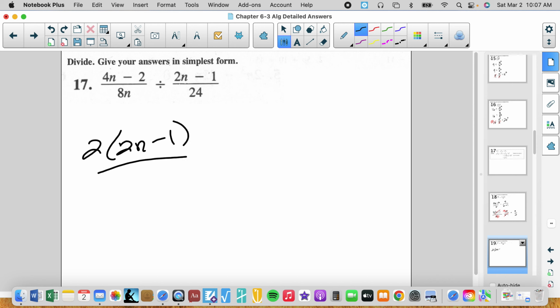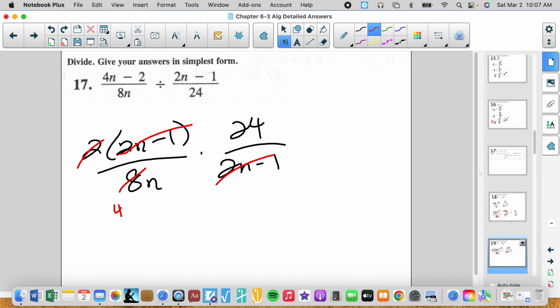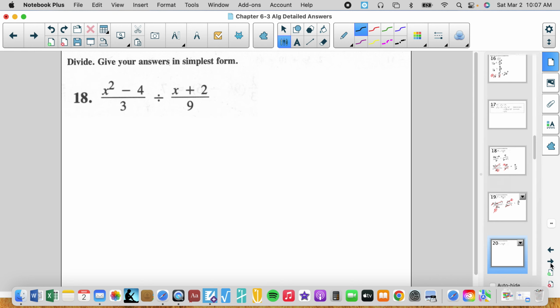2n minus 1 over 8n times 24 over 2n minus 1. 2n minus 1 cancel. We'll do the 2 and the 8. We'll do the 4 and the 24. And that leaves me with 6 over n. And there we go.